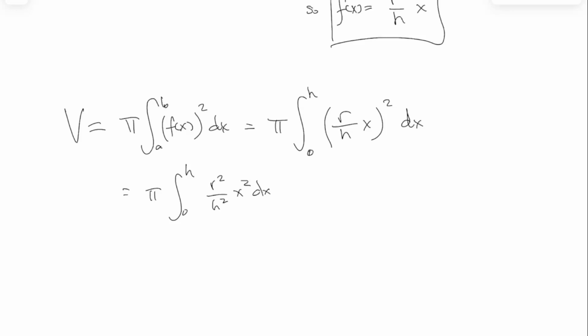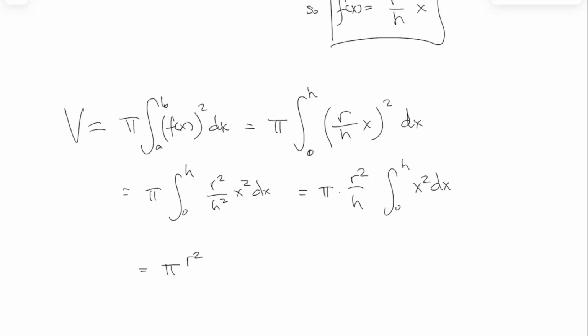Yeah? Can you just bring r squared over h squared to the outside? Yeah, right. R and h are constants, and so r squared over h squared is just a constant being multiplied on the inside, so we can bring it to the outside. So this is pi, and then r squared over h squared, integral 0 to h, x squared dx. And now this is an easy integral, slightly weird because of the h up there, but doesn't really matter.